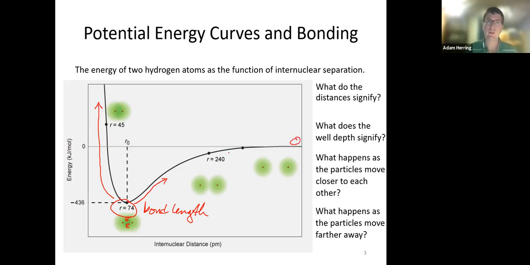That's similar to what we saw when looking at the Bohr model, where the potential energy of the attraction of an electron to the nucleus goes up. It gets closer to 0 as the distance increases. The well depth here signifies the bond dissociation energy.